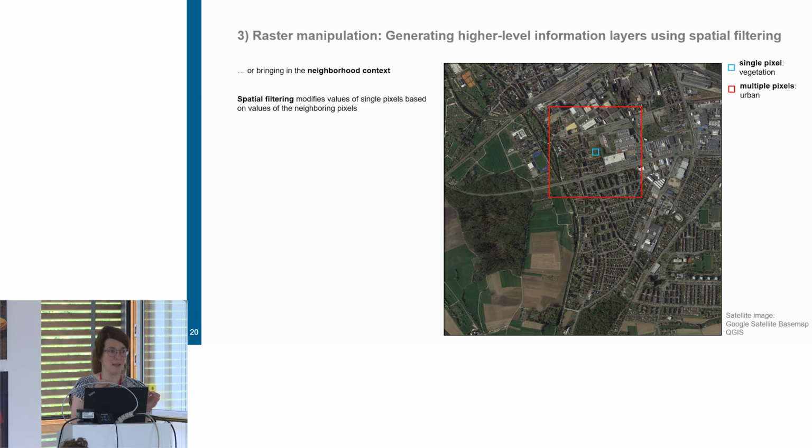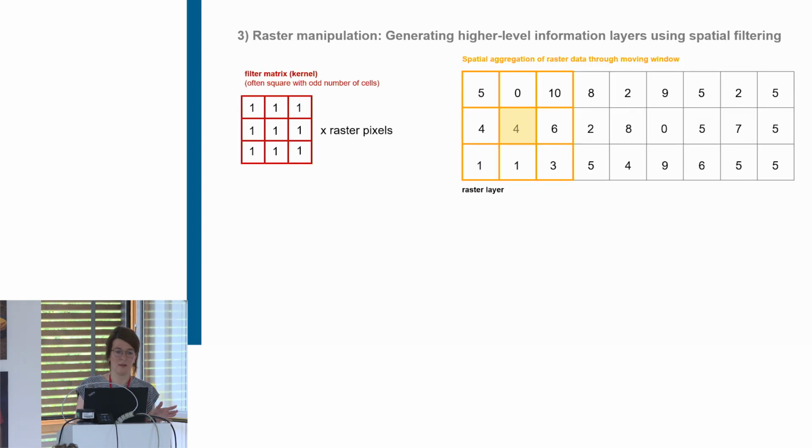It modifies single cell values of a raster using information from the pixels of the neighboring areas. This is usually done using so-called filter matrices or kernels. These are often square matrices with an odd number of cells, and they are applied in a kind of moving window approach on your raster.